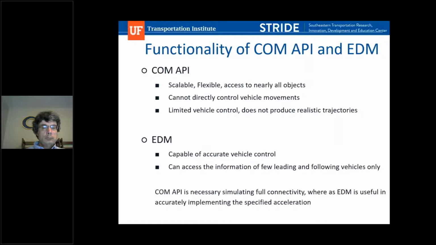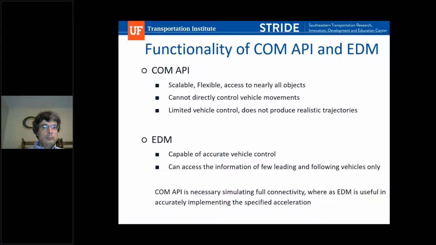One of the things that COM API does really well is it can access pretty much nearly all the objects within the simulation, and it's pretty good at reading things in Vissim in real time, in simulation time. Whereas we did see that there are a few drawbacks when it comes to trying to directly control the vehicle movements.